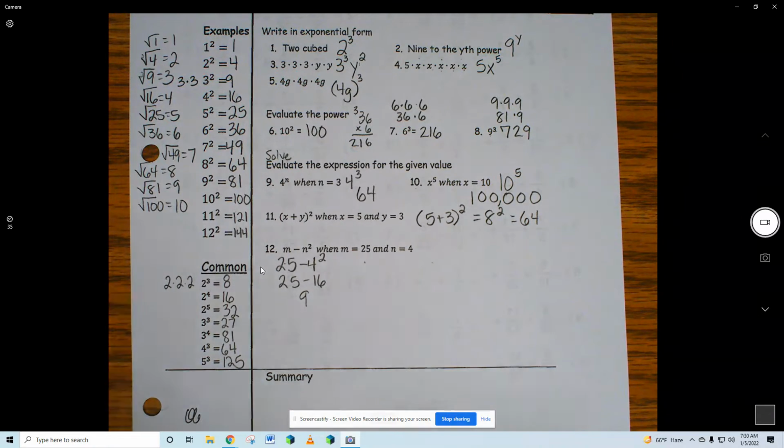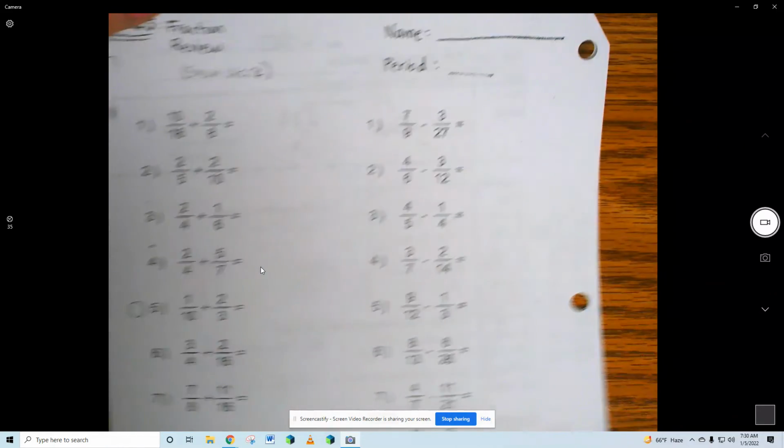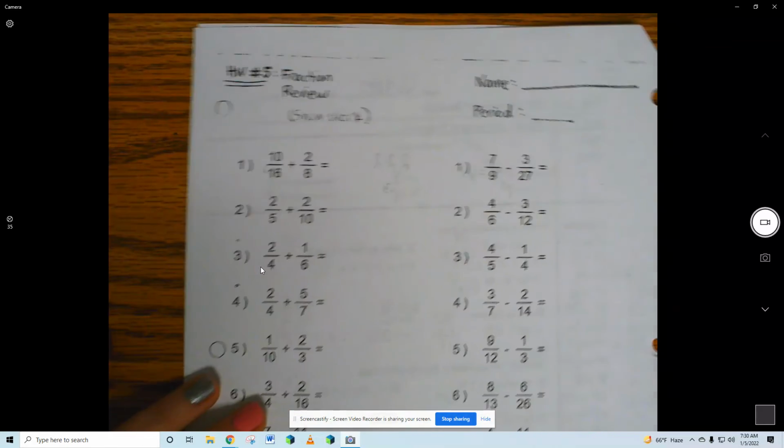Okay, so with this, these are the basics of exponents. We're now going to talk a little bit about fractions. As you can see, there's 1 through 10, 1 through 10, multiplication and division.